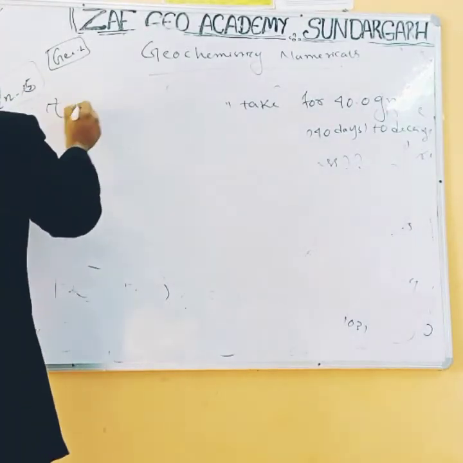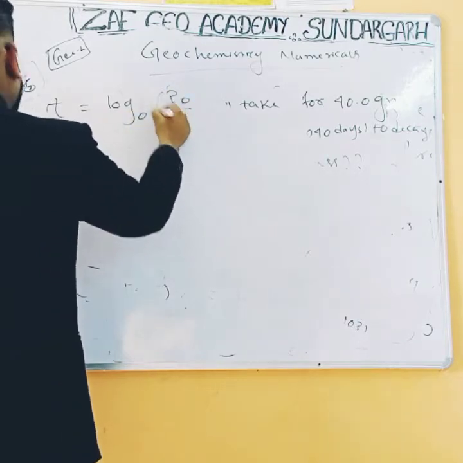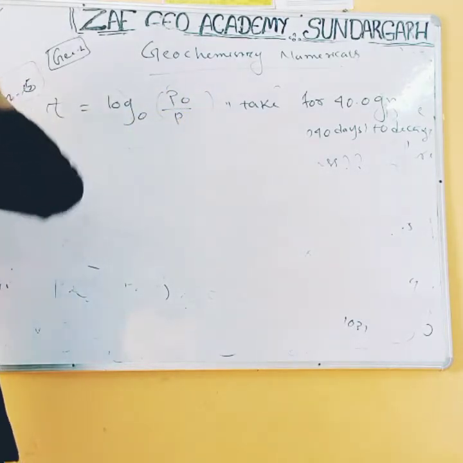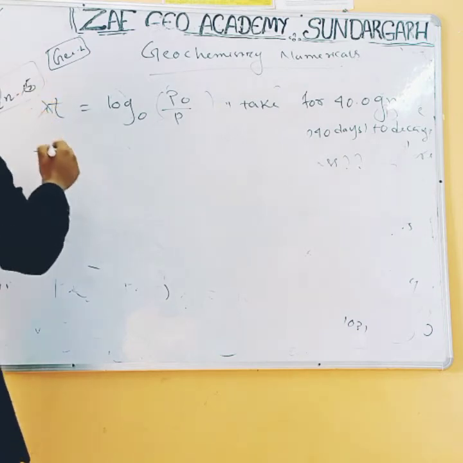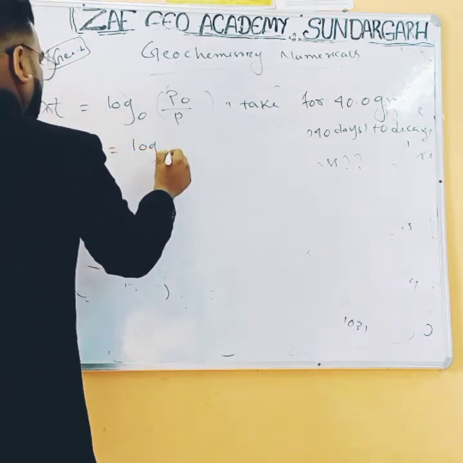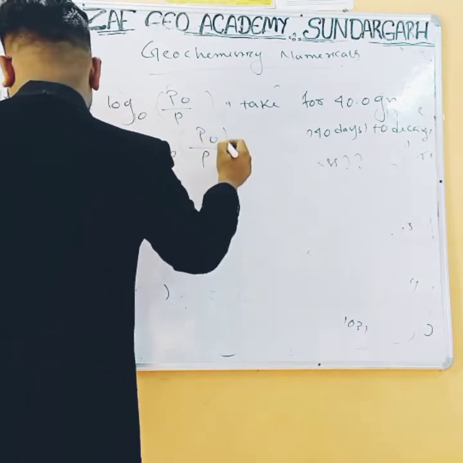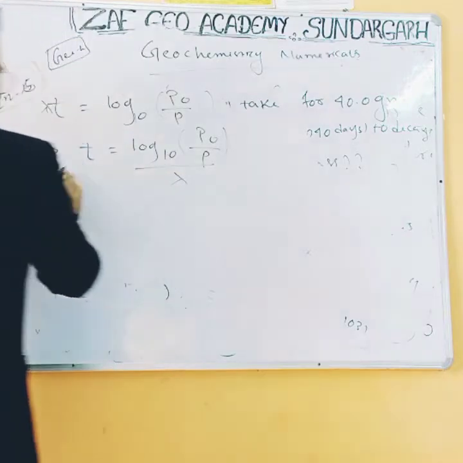So lambda t is equal to this much. Now t is equal to log 10 of P naught by P, divided by lambda.